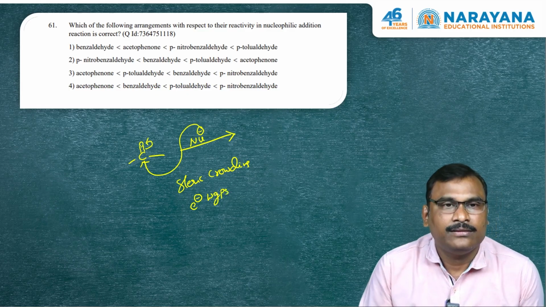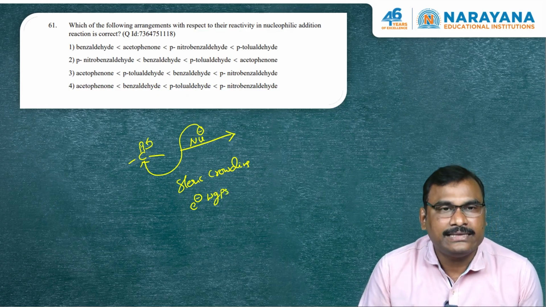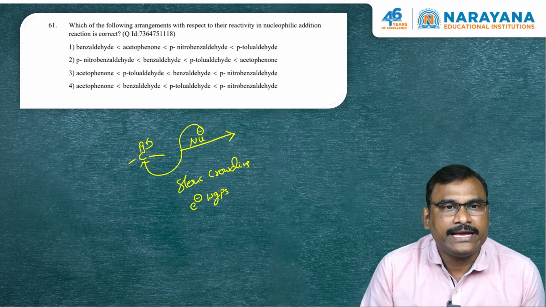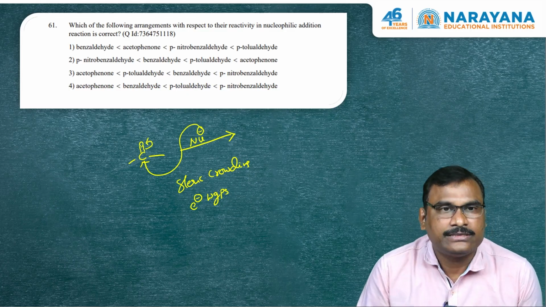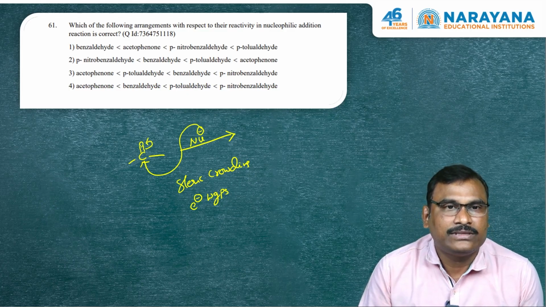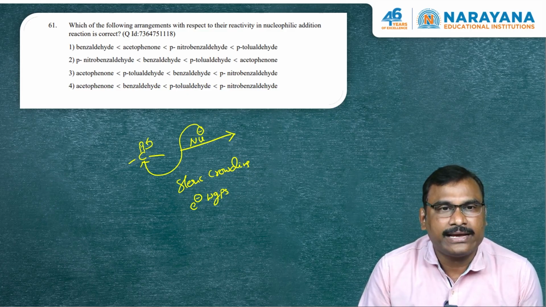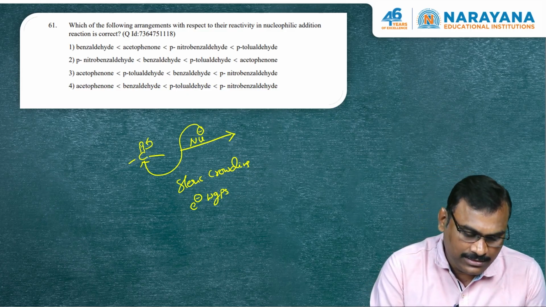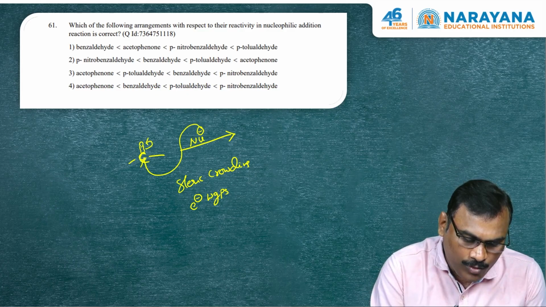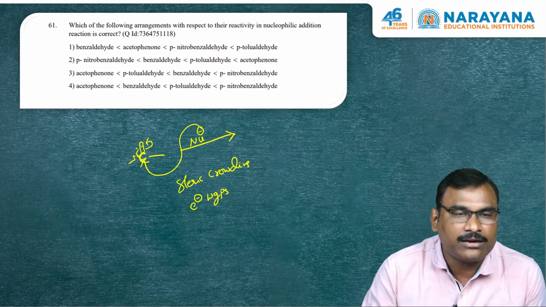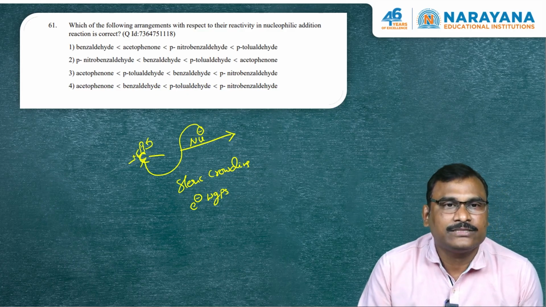As the steric crowding increases, nucleophilic addition reaction decreases. If they have the same steric crowding, as the electron withdrawing group increases, nucleophilic addition increases, since the withdrawing group creates more positive charge at the carbonyl carbon, which in turn causes easier attack of the nucleophile.